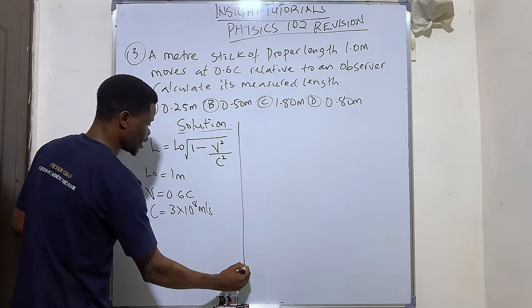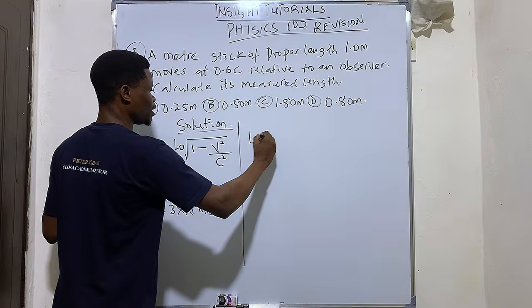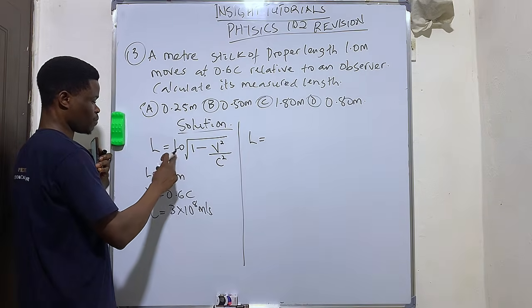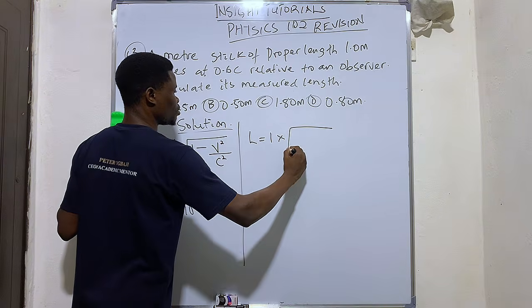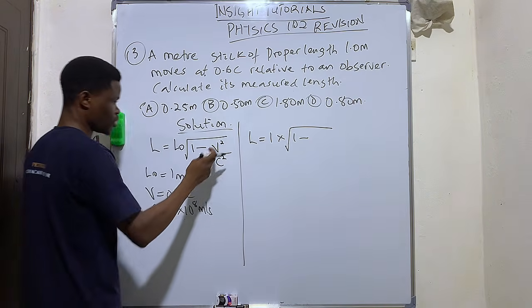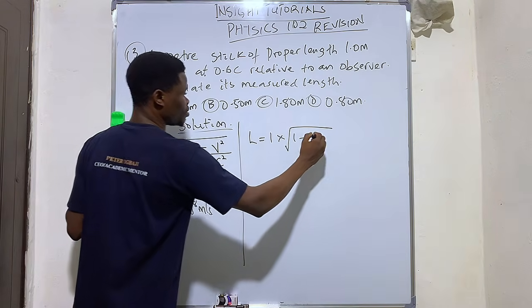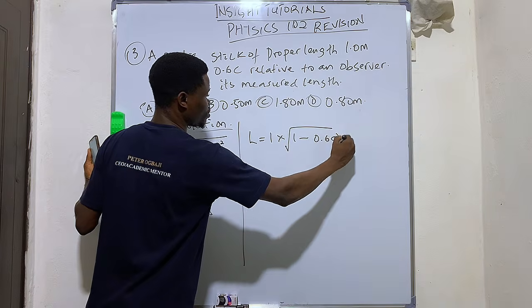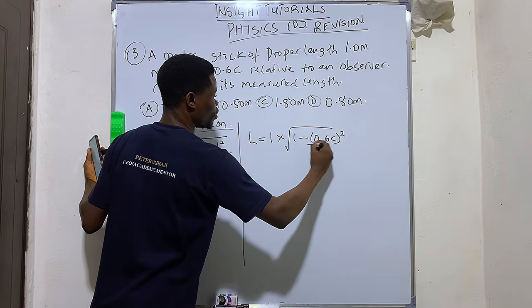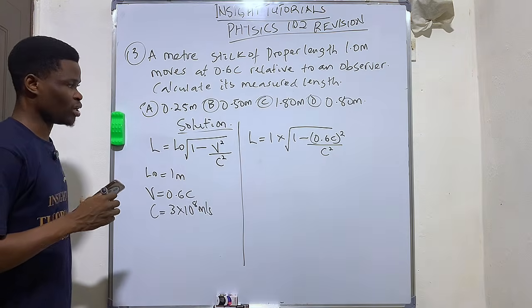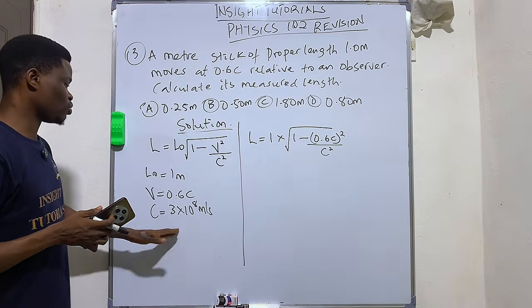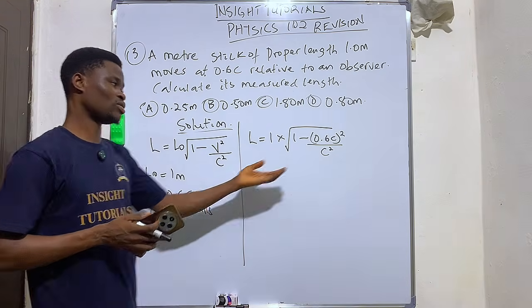So in solving that, the length is equal to our L0, which is 1 meter, times the square root of 1 minus the speed of the object, 0.6 c, all in its squared, all over c squared. Now, my advice to you is you don't need to actually input the speed of light into this equation.